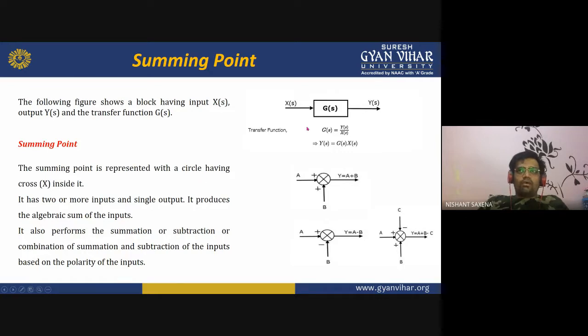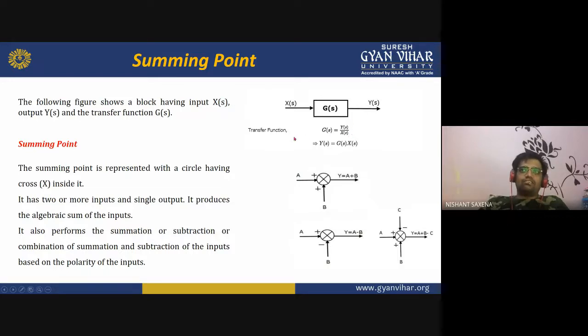Now, look at the blocks. The following figure shows a block having input X(s), output Y(s) and a transfer function G(s). Here X(s) is the input, Y(s) is the output, and G(s) is the transfer function defined in the s domain. If I write the transfer function for this block, G(s) equals Y(s) upon X(s).